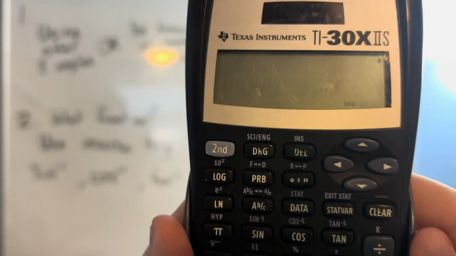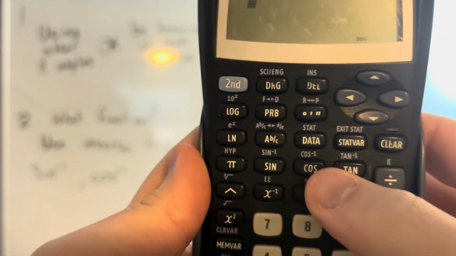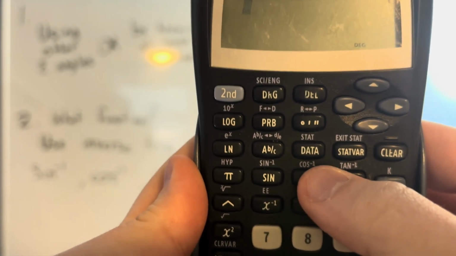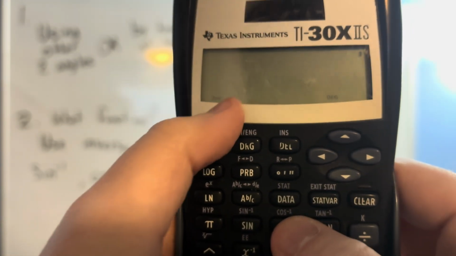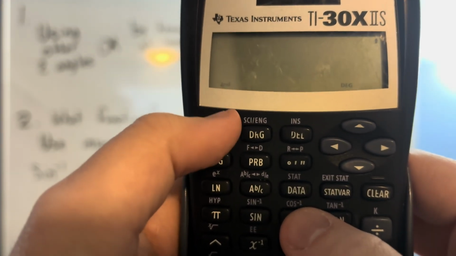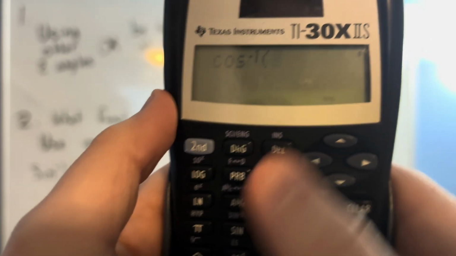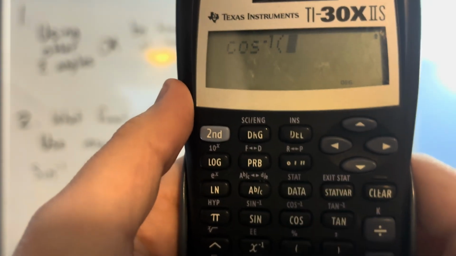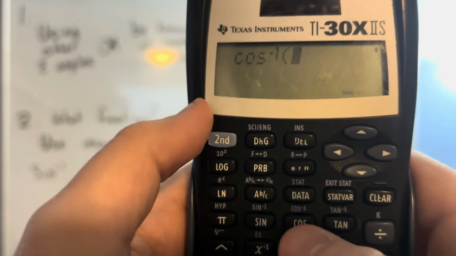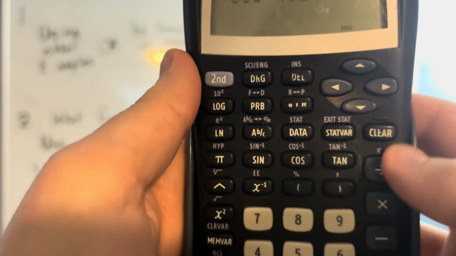So I want to type cosine inverse of 5 over 6. I see cosine there. Cosine inverse is in blue right above it. So I'm going to hit the second button, and it'll show a little second there to see that I clicked it. Then if I press cosine, it shows cosine inverse. You're not trying to put a caret and then -1 there. You're using the actual second cosine button. Then 5 divided by 6.